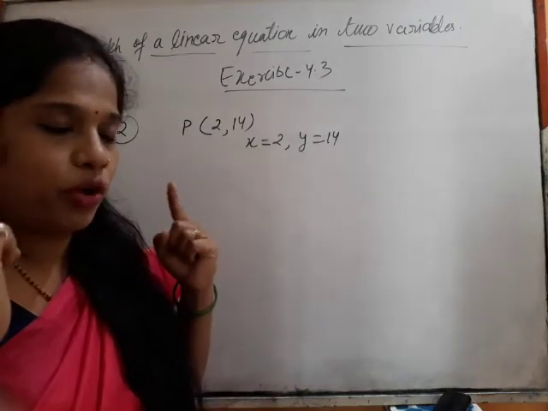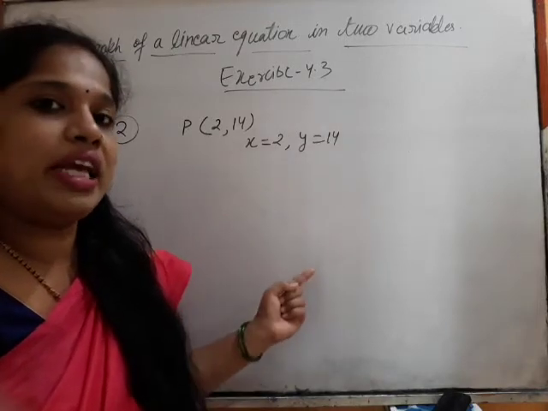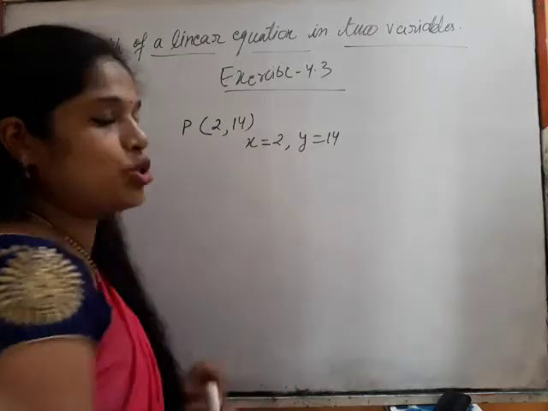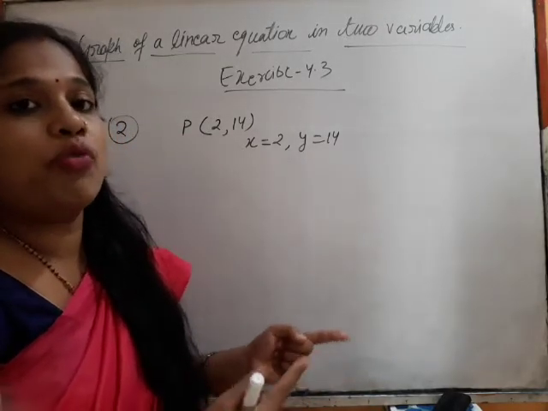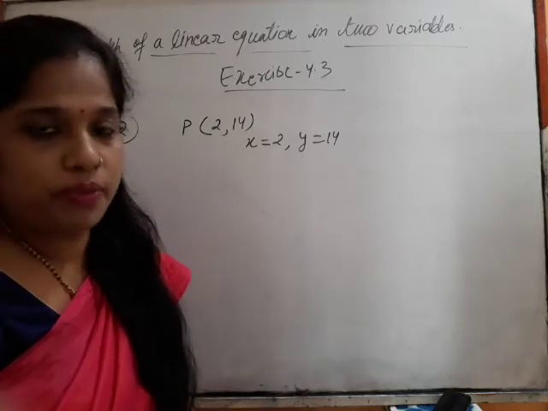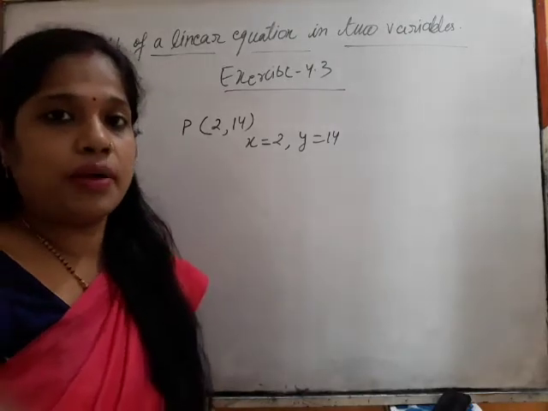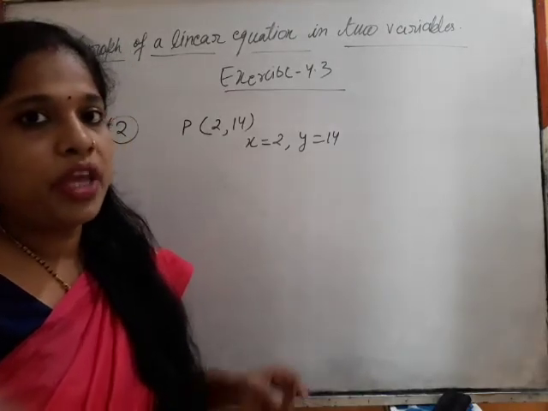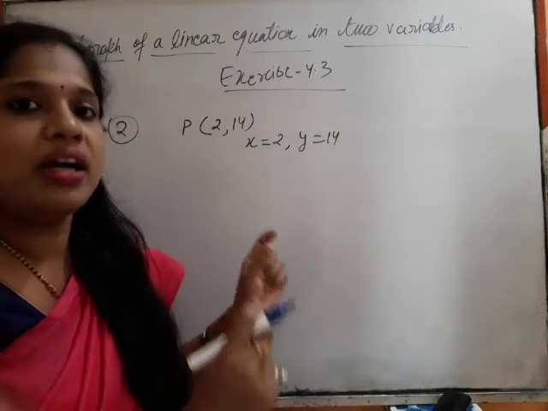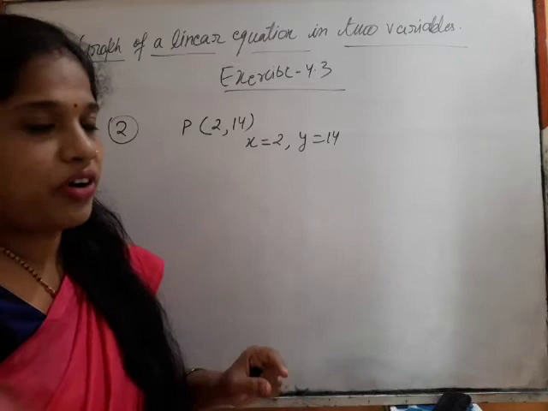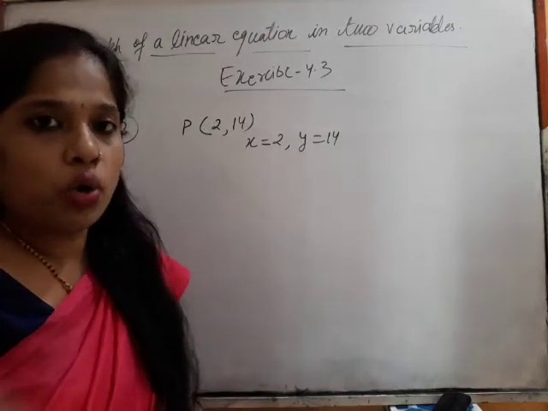Now it's the game of your mind to think of a condition of the linear equation which includes these two variables, in such a way that it satisfies both the values of x and y given in the question.